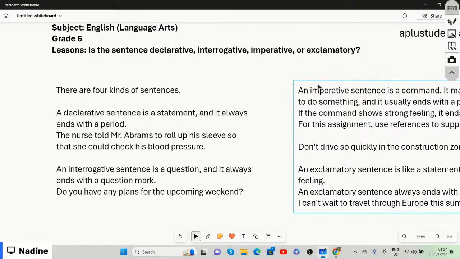Even if I tell you that the sky is gray, it's my statement. I don't expect a question or an answer back.